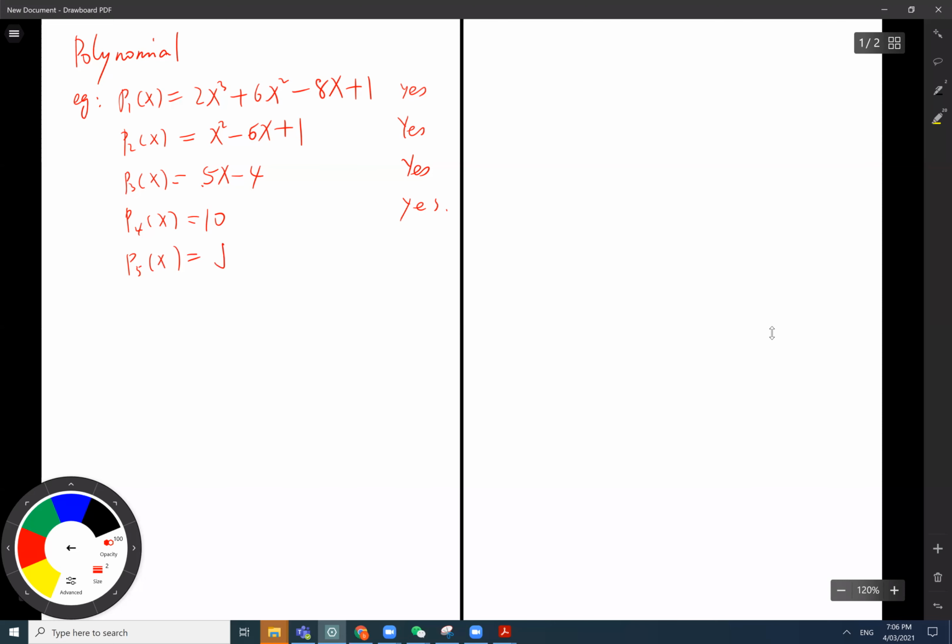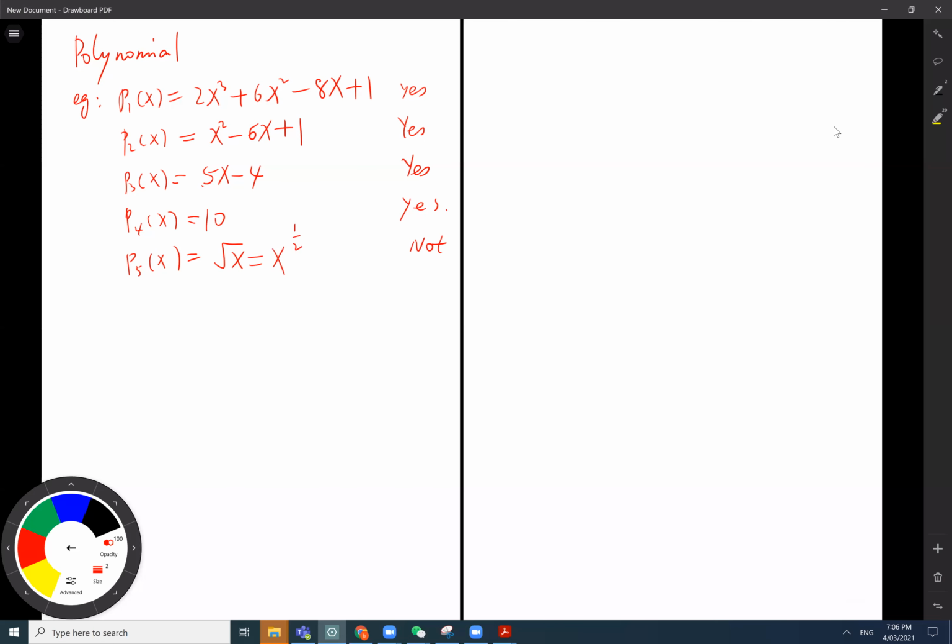Okay, root x. Ivy, is this a polynomial? Yes. Oh, this is not a polynomial we learned in IB. It's not a polynomial we need in IB. Maybe in some other context, we say x to the power of half is a polynomial, but not in IB.